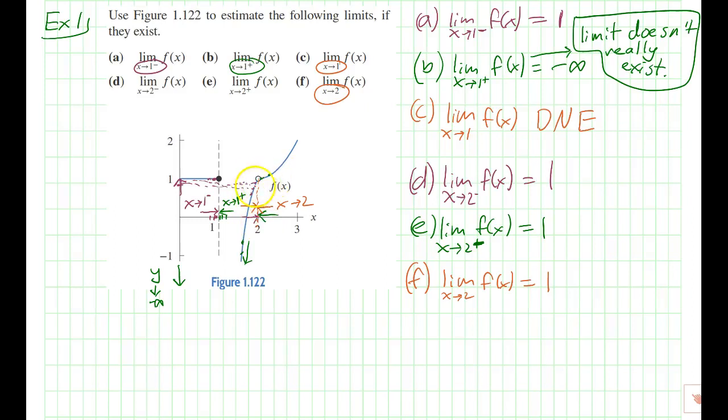So you can get close to 1 on either side by just using part of the graph that is really close to x equals 2. So yeah, that checks with the formal definition of a limit.